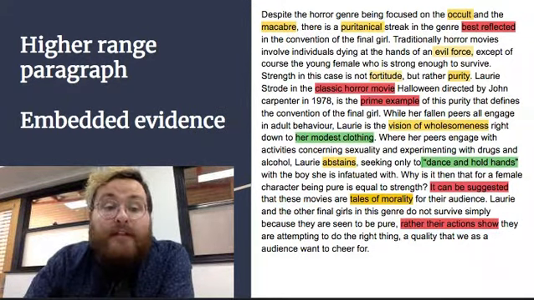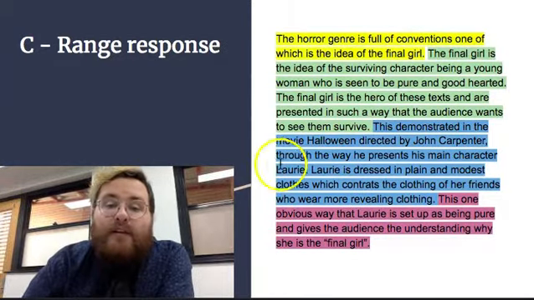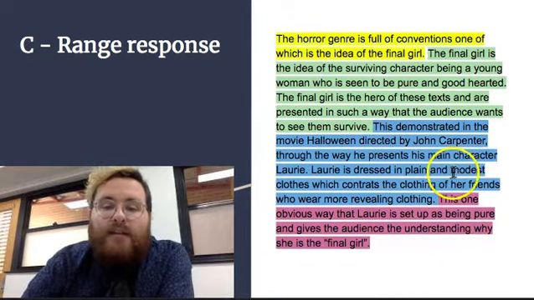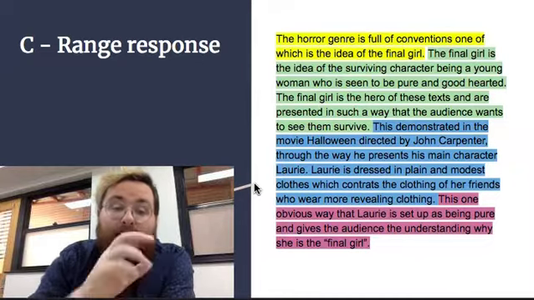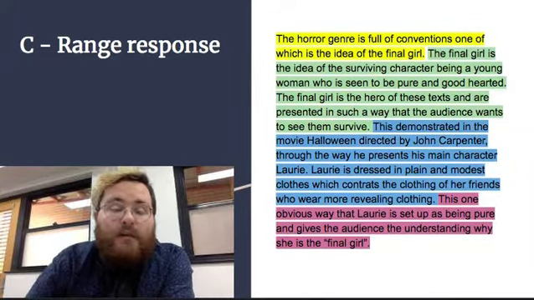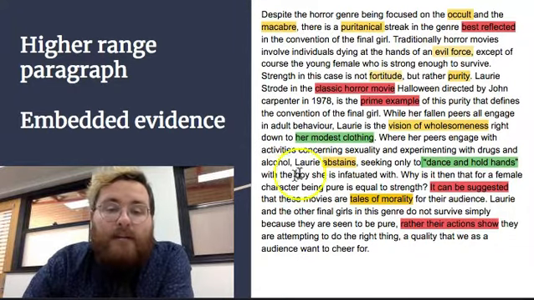There is embedded evidence. Again, if we go back to the original paragraph, this is demonstrated through Halloween director John Carpenter presents Laurie is dressed in plain, modest clothes. So it's really separating the evidence from the argument and saying this is the evidence that proves my point. Whereas in this paragraph, the evidence is part and parcel.